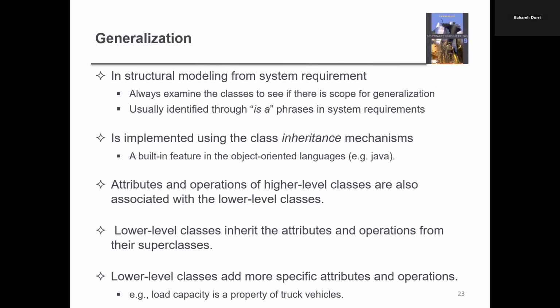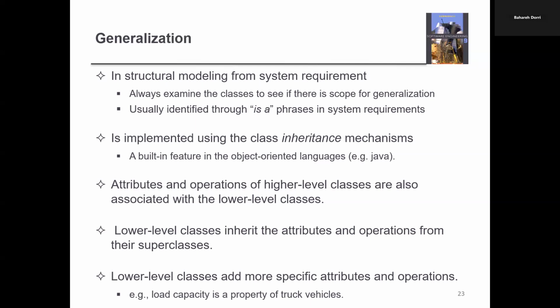A simple way to spot that is by looking for "is a" relationships in the requirements. For example, if the text says a truck is a vehicle, that's a big clue that inheritance should be used. Generalization in UML is implemented using inheritance, which is a built-in mechanism in all major object-oriented languages like Java or C Sharp.